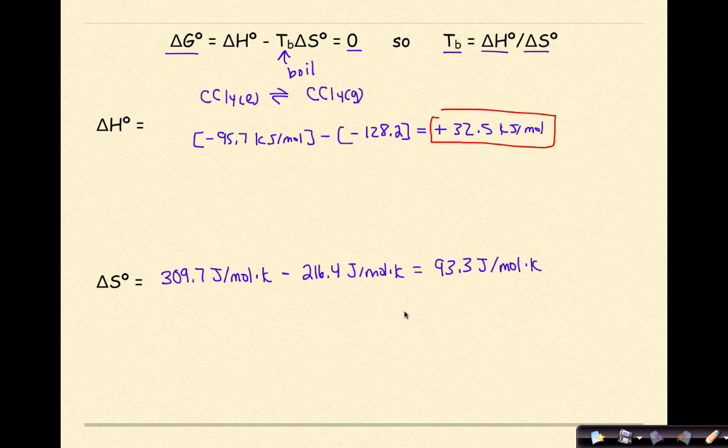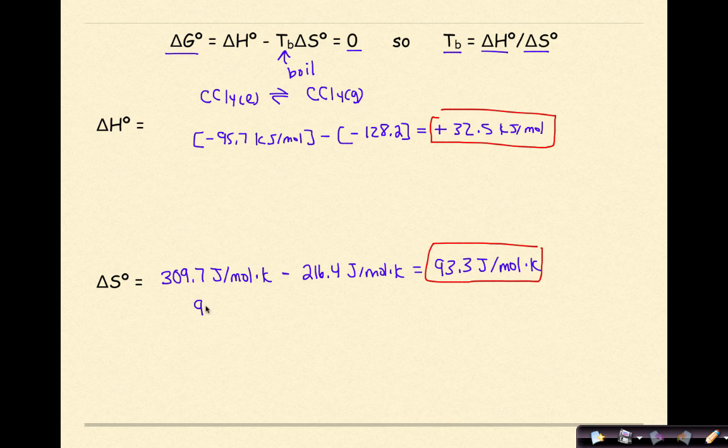Now the thing to realize here is that, of course, this 32.5 kilojoules per mole is in kilojoules, and this is in joules. So what I need to do is take that joules and convert it into kilojoules before I really go any farther.